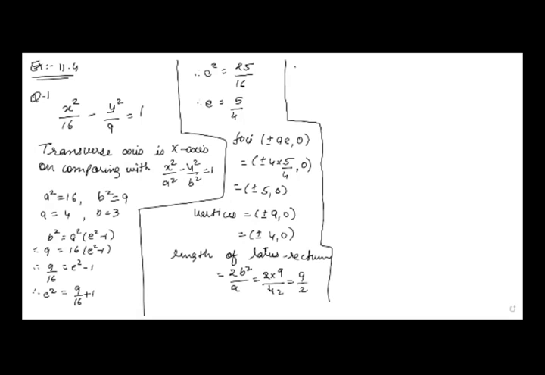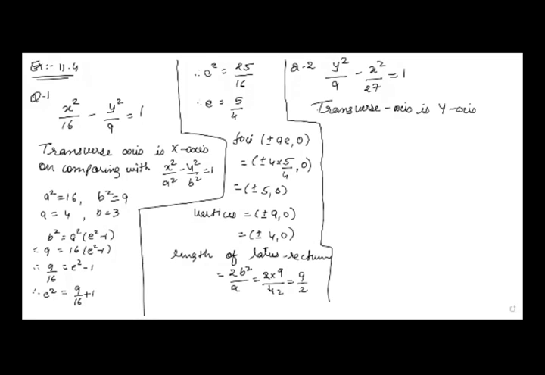Let's try to do the second question. Here the standard equation of hyperbola given is y square by 9 minus x square by 27 is equal to 1. You can see that this time the coefficient of x square is negative. Definitely the transverse axis is y-axis.